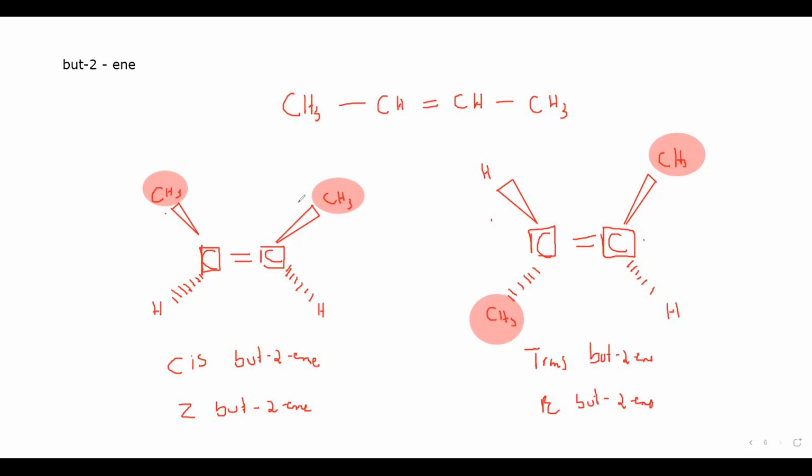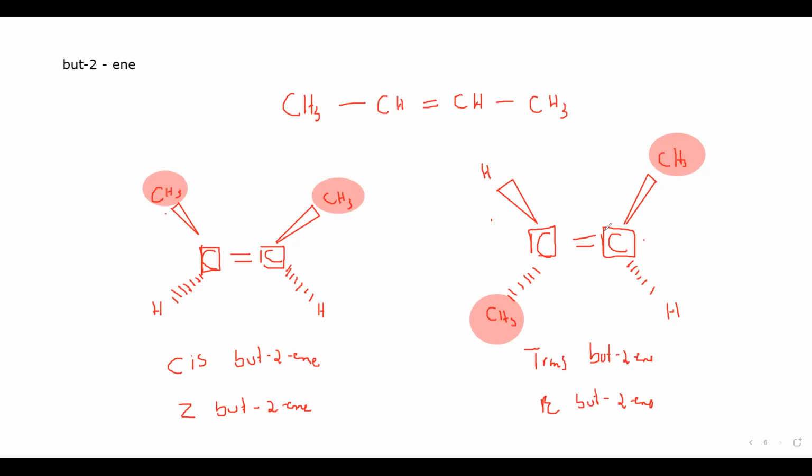Even if both of these CH3 are attached at the bottom and hydrogen is up, that will also remain cis. So the idea is that geometrical isomerism arises due to the restriction of the geometry. Carbon can form 4 bonds, and out of the 4, 2 of them are in the same plane with another element on the same axis.